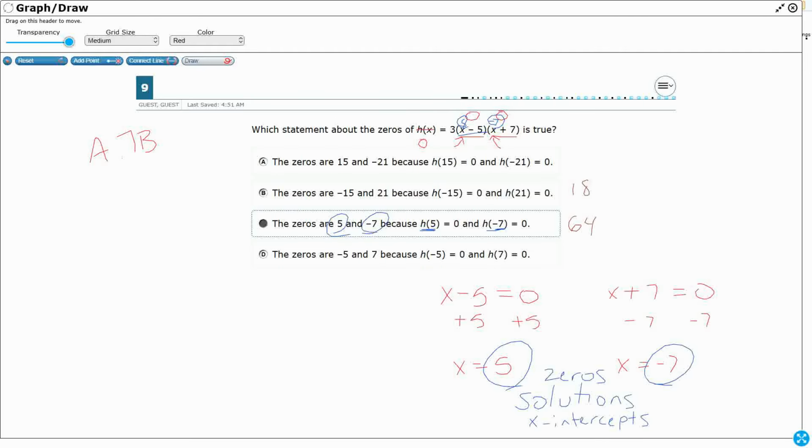We had 18% of our students get this. And the reason we got 18% was actually kind of interesting, because think about these numbers. These numbers are simply taking that 3 and distributing that. Just 3 times negative 5, 3 times positive 7.